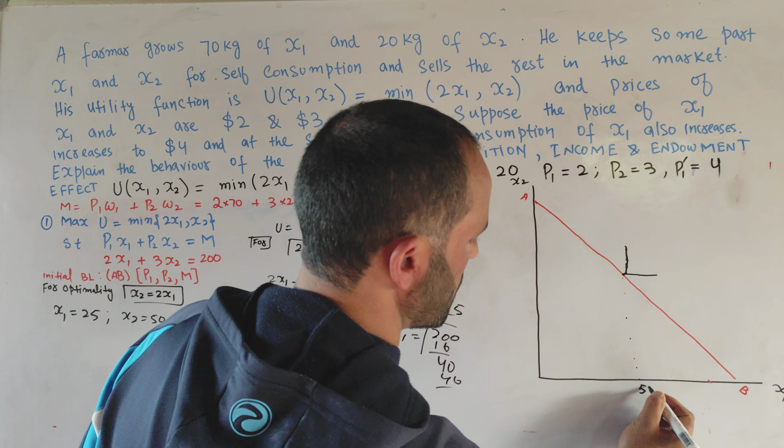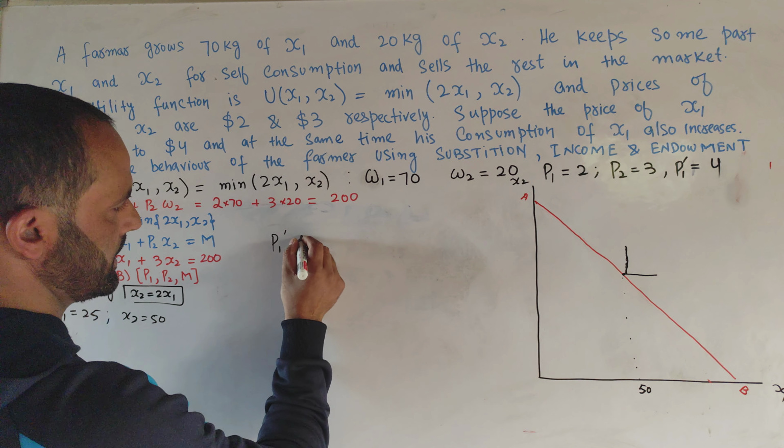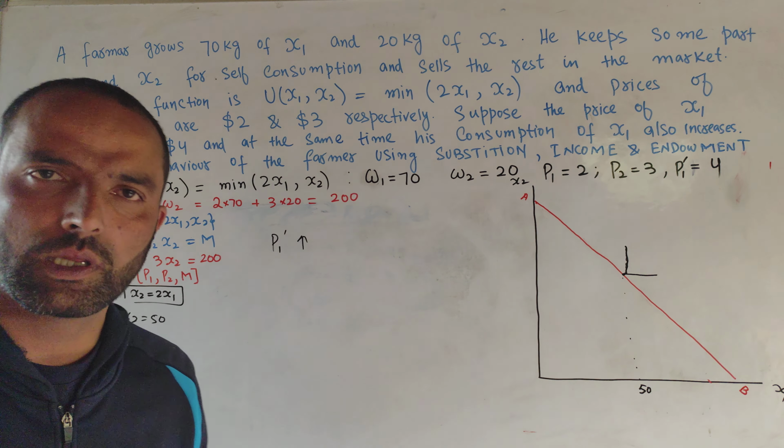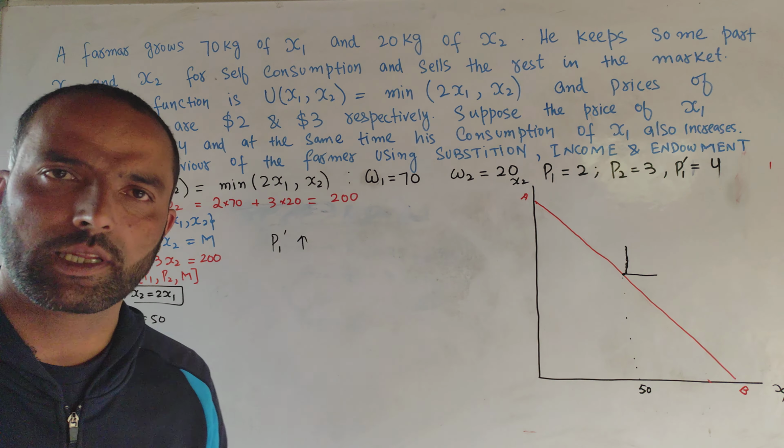By pivoted budget line, what we mean, here you can see, we are being told that initially the prices were given, then price of good one has increased. That means when price of one has increased, we need to find how much the consumer will consume at new prices and old income.